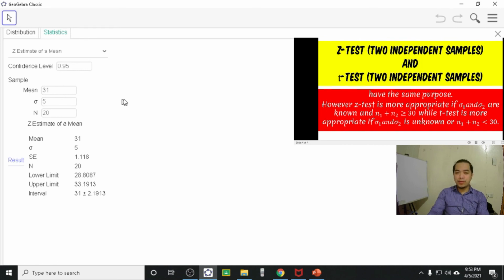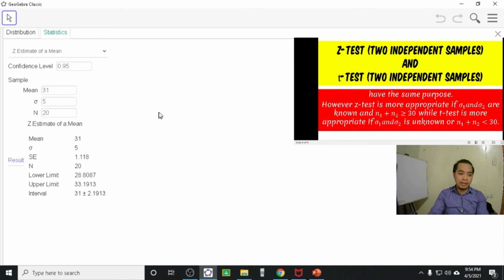So suppose you want to estimate the scores of students for the entire region, let's say Cordillera Administrative Region. So we want to estimate the students' mathematics proficiency. Maybe you're only concerned with senior high school graduates. Now, it is impractical, it's very costly if we survey all the students in CAR.